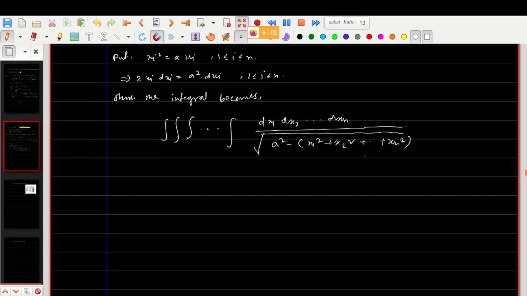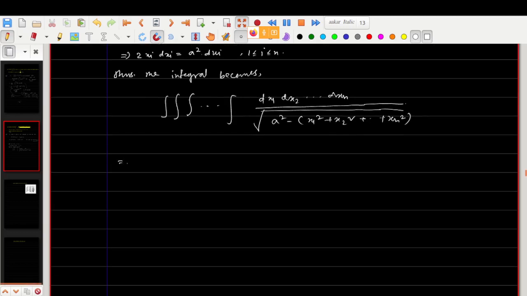Okay, so now I shall put all the information here. If you put, then you will get 1 by 2 power n integration, because every dxi will be divided by 2 and there are n many variables, so it will be 1 by 2 power n, and dxi is a square.